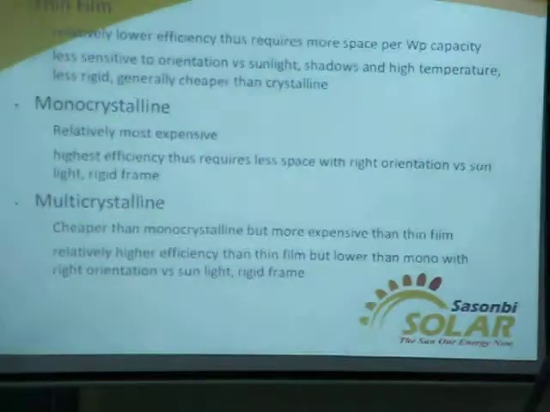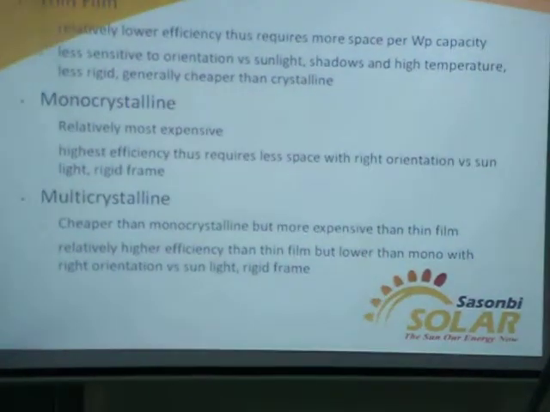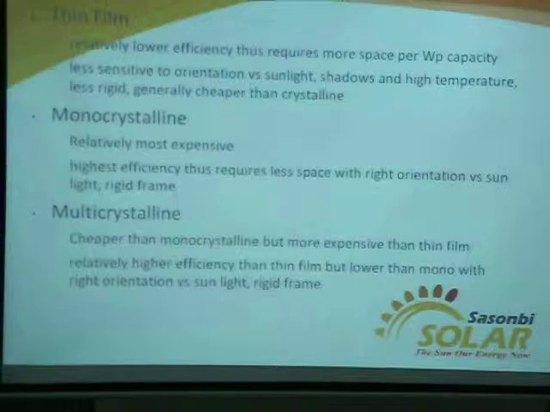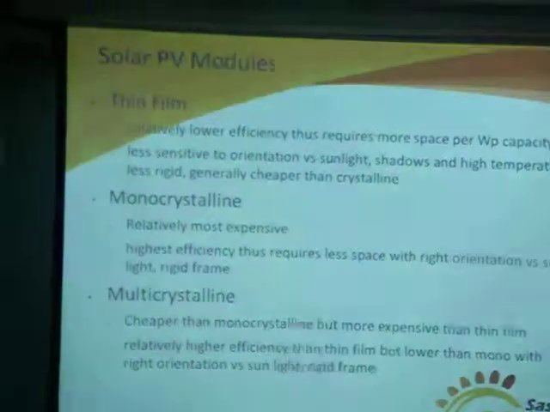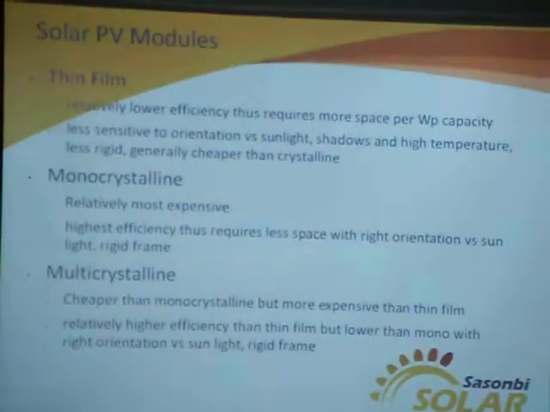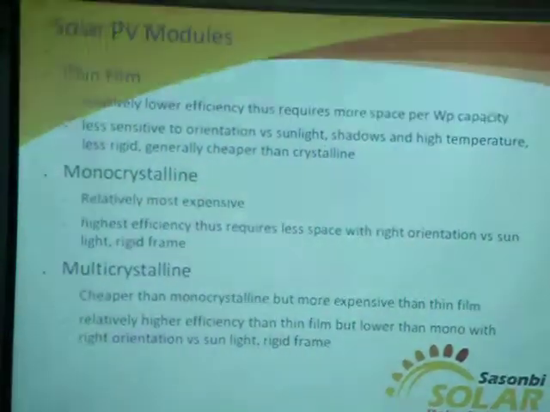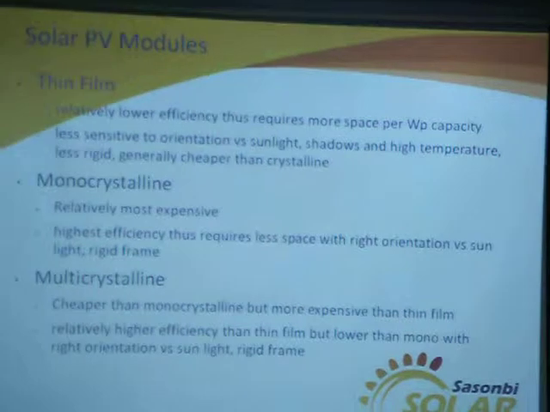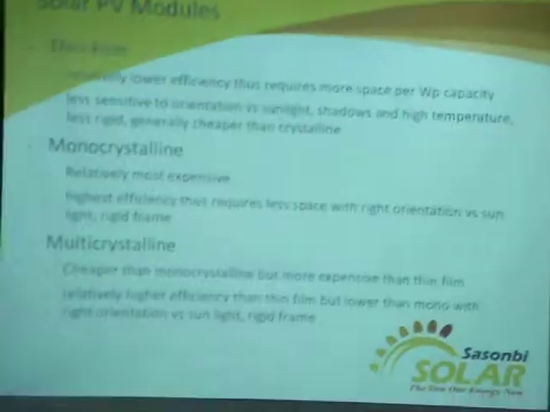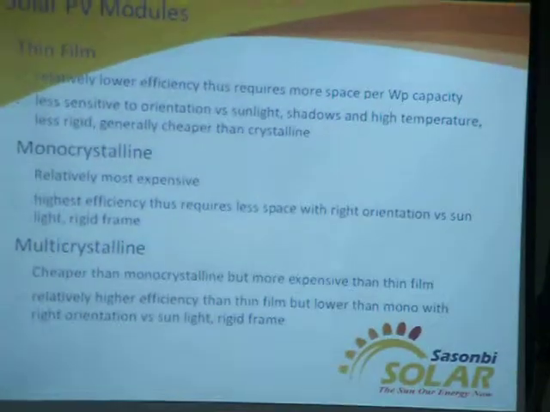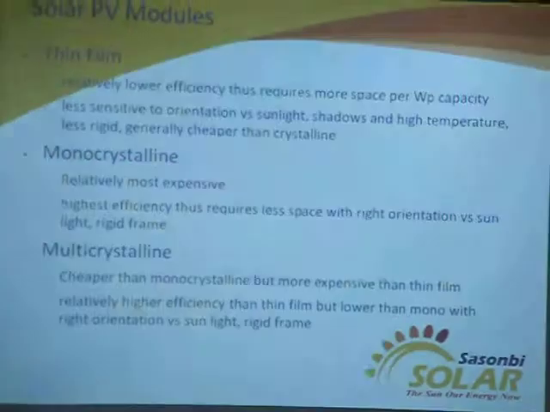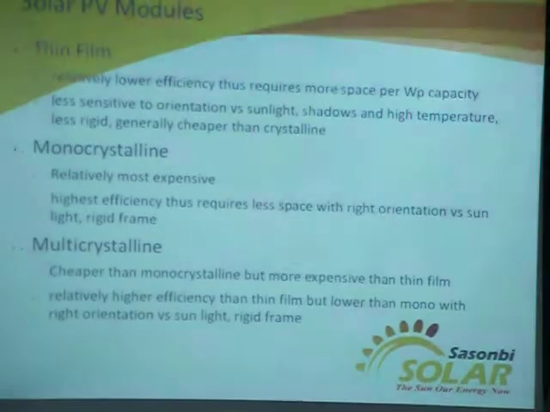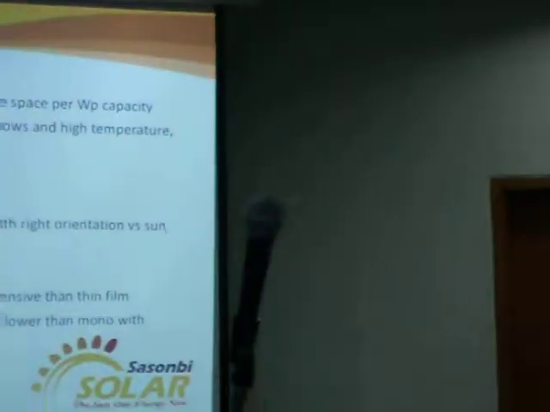As against crystalline panels, which is normally from silica, you have to face the panels directly to the sun to get the full potential of the efficiency. Yung thin film, hindi masyado. But the trade-off is, yung thin film requires more space to generate the same power in multicrystalline. So in other words, for the same capacity, you will need more thin film panels compared to crystalline.